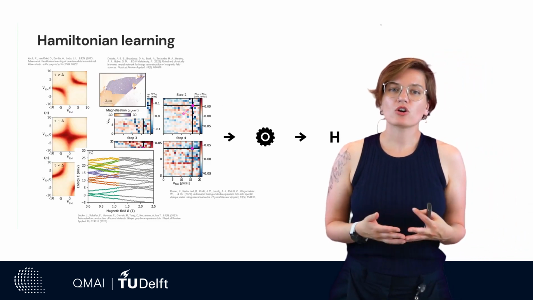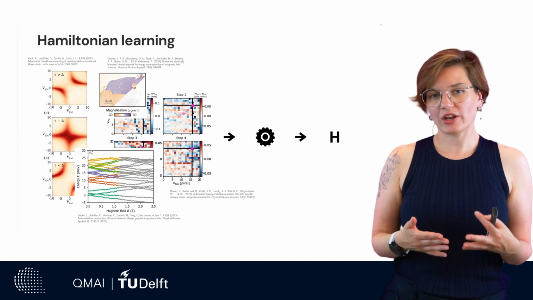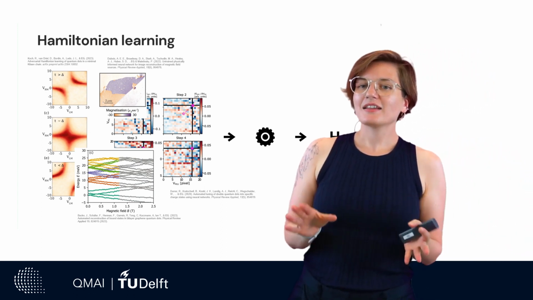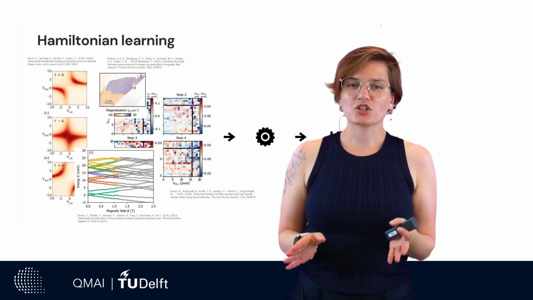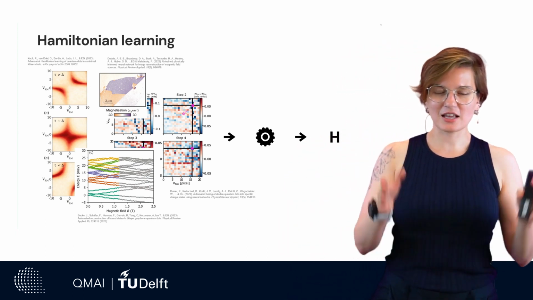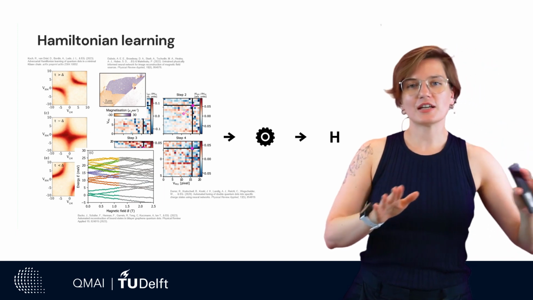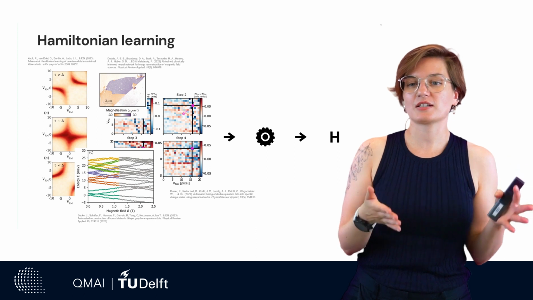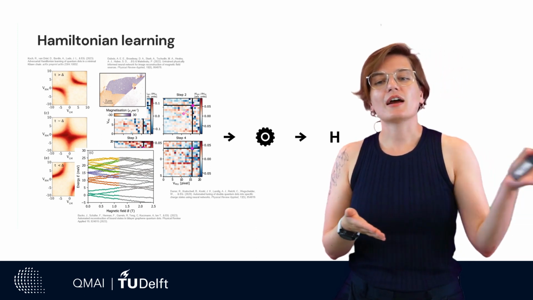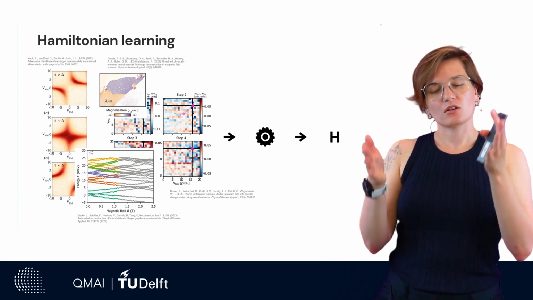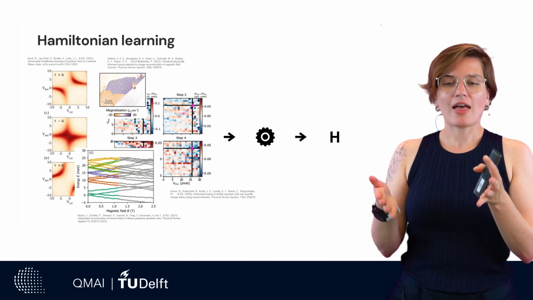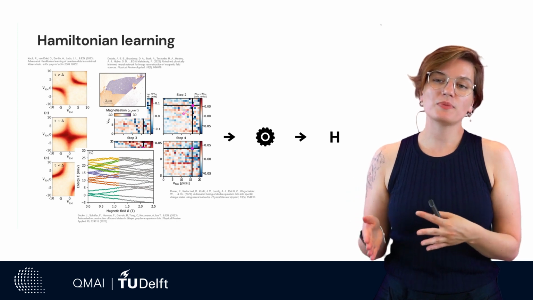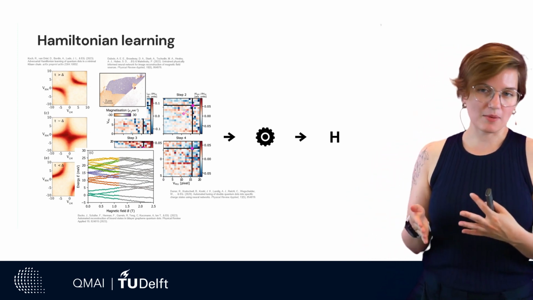Specifically, we are going to concentrate on something called Hamiltonian learning. You saw a slide like this earlier in the lecture. Again, the problem setting is that you will measure whichever data you want, in whatever setting you have, whatever is accessible to you. You will run it through the machine learning model, and then you will output something, and that something this time will be key parameters of your Hamiltonian.